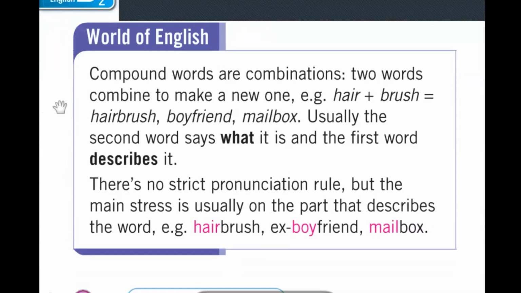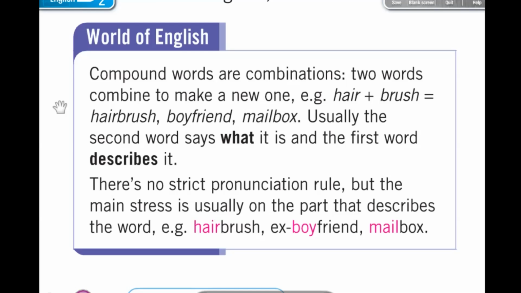So then let's go over the last exercise on that page. Word of English, compound words. Compound words are two words combined to make a new one. For example, you combine the word hair plus brush, and you get hairbrush. A boyfriend, a mailbox. Usually the second word says what it is and the first word describes it.